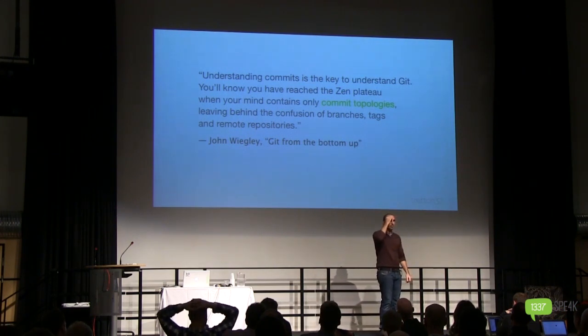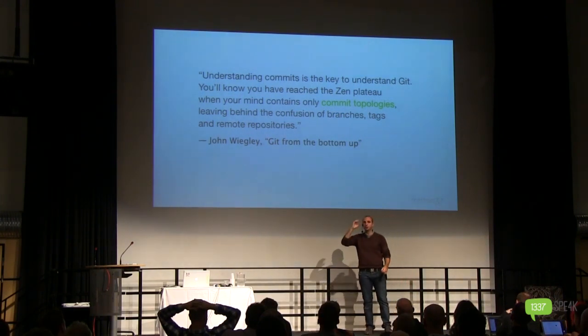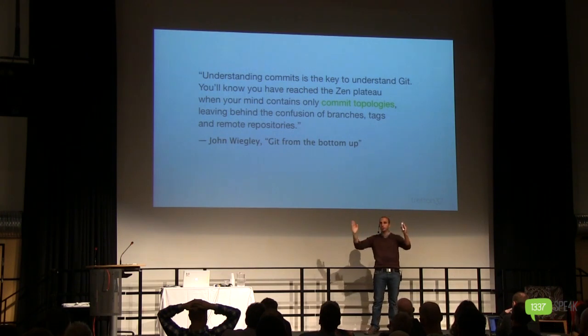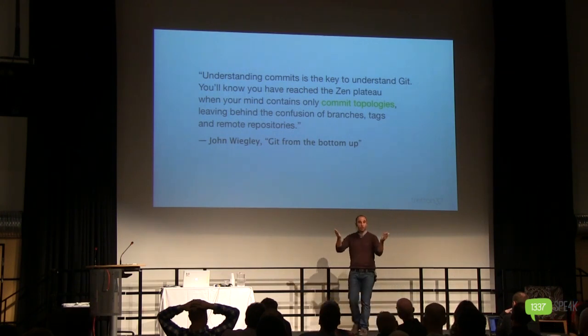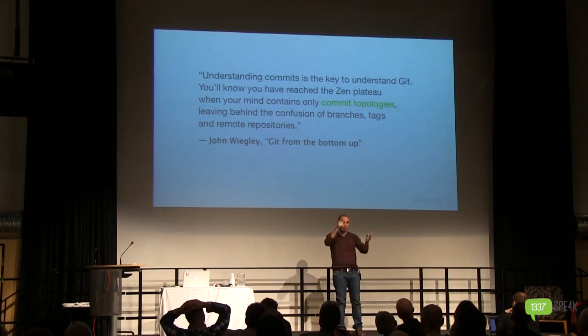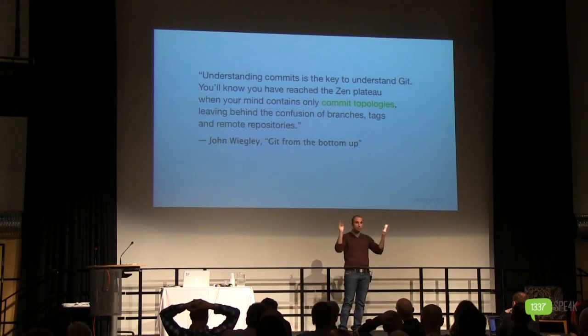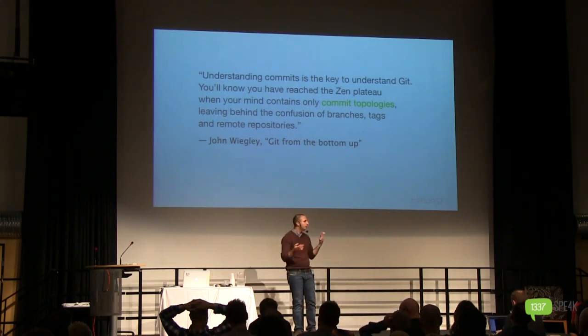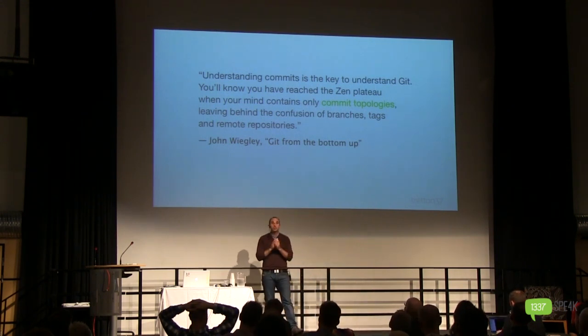Just imagine the commits in your head. That's the key. As soon as you see those Git topologies, those sequences of commits, and you know those basic principles, each commit is a snapshot and it points to its parent, all the rebasing and the amending and the resetting just makes sense. It's just a series of commits.